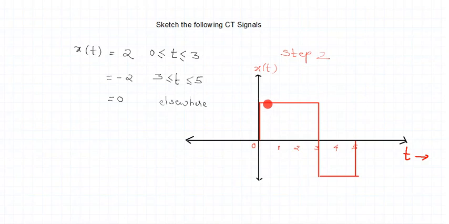So from 0 to 3, the signal continuously remains with a magnitude of 2. What happens from 3 to 5? From 3 to 5, the signal takes a magnitude of -2. So from 3 to 5, I have taken a negative scale whose magnitude corresponds to -2.